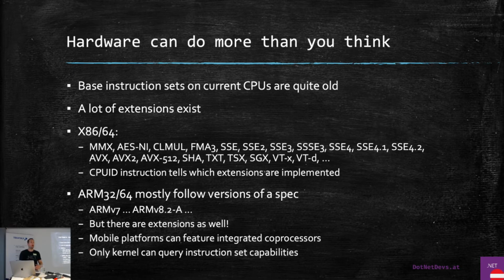But there are extensions as well, and that's interesting because mobile platforms usually are built for some purpose, so they may have specific CPU extensions or co-processors for that purpose. So if you're doing multimedia, you might have some other capabilities than some measuring equipment.